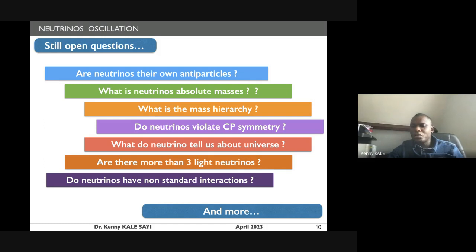these neutrinos have a lot of information to tell us about the origin of the universe. Very important. And also, I said that we have three flavors of neutrinos. I said three simply because we have detected only three flavors. But there is no reason to have only three. Maybe there are more than three. And if there are more than three, this will create new questions about the universe.